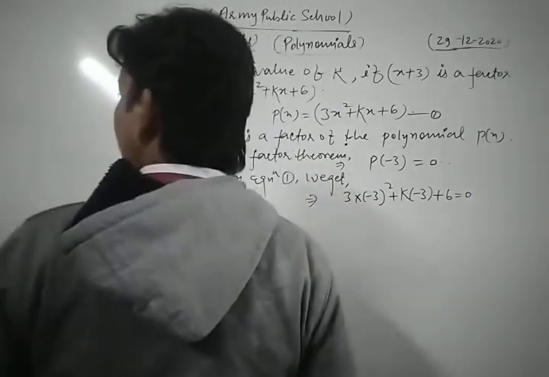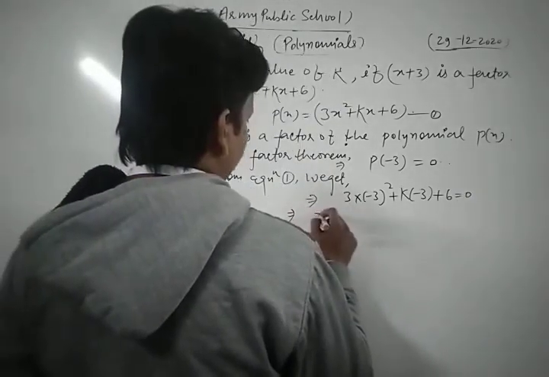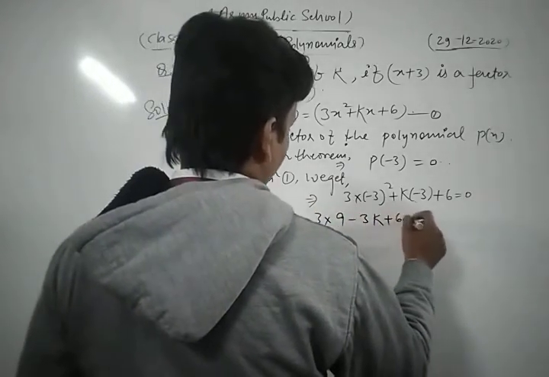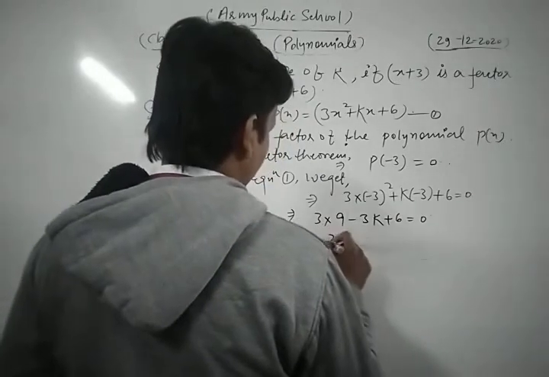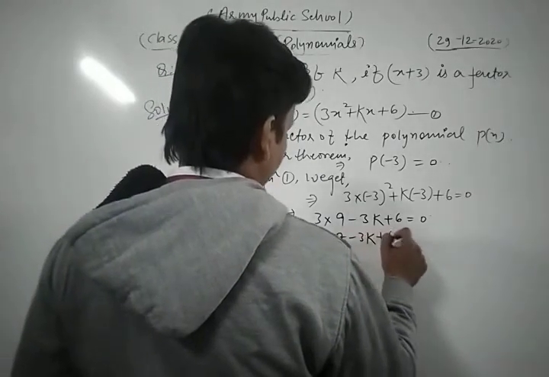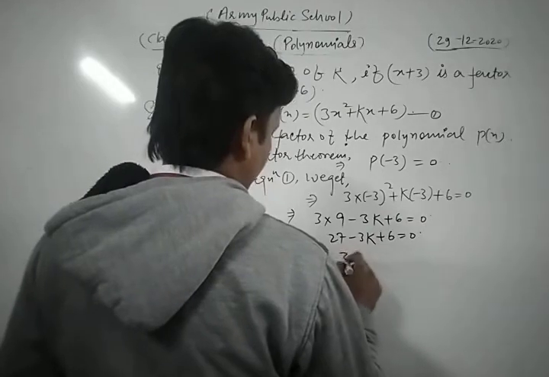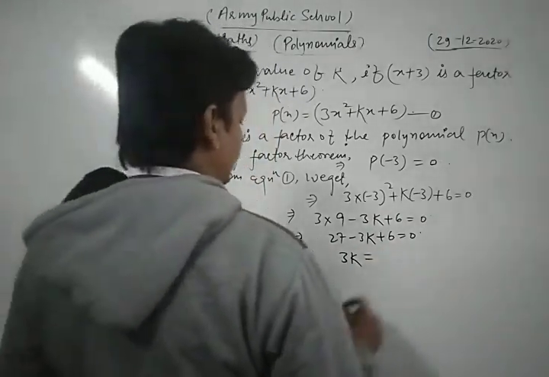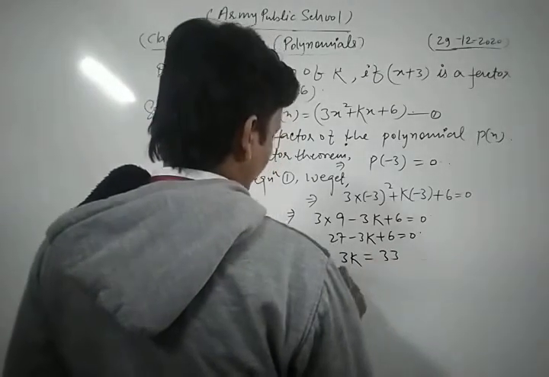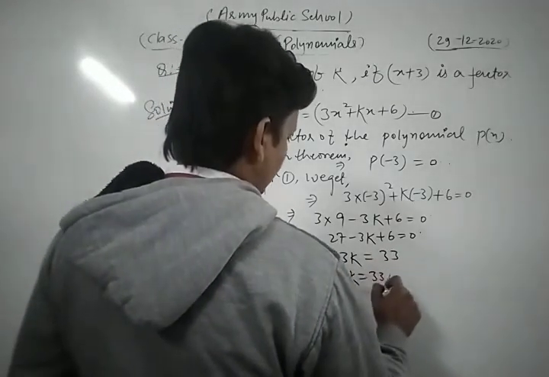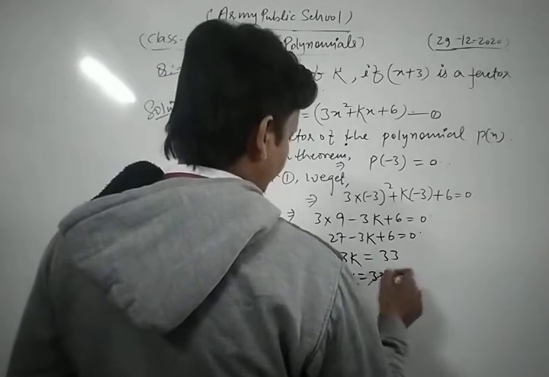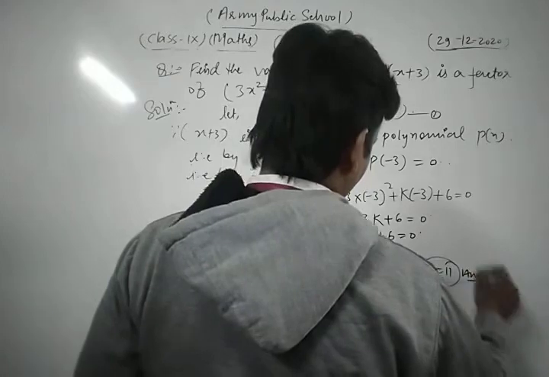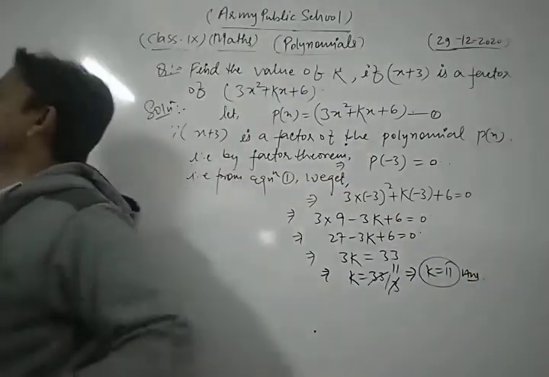Now we simplify: 3 into 9 is 27, minus 3k plus 6 is equal to 0, that is 3k is equal to 33. So k is equal to 33 by 3, that is 11. So the value of k is 11. This is our required solution of the given question.